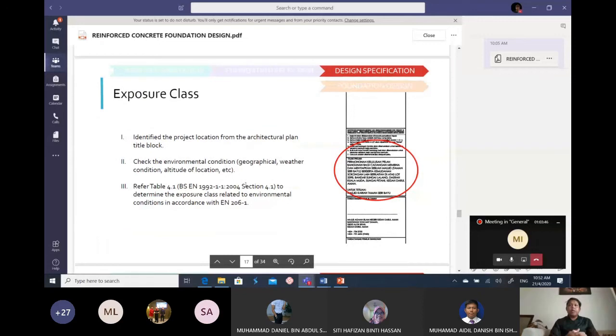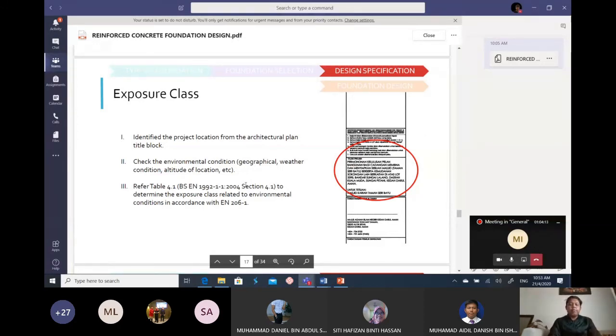For example, if you would like to change the exposure class for your foundation, you may change. Because it is a substructure, beneath the soil, sometimes you have to change the exposure class. For example, if it is fully submerged in water because the water table is high, the exposure class for the nominal cover will be different compared to the superstructure.